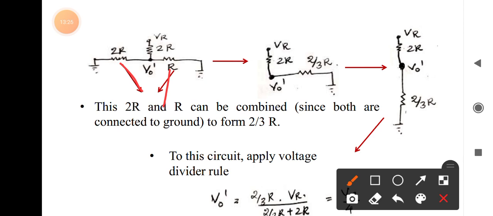Since both are connected to the ground, this 2R and R can be combined, and if combined it becomes 2 by 3 into R. So 2R into R by 2R plus R, that is 3R. So 2 by 3 R.